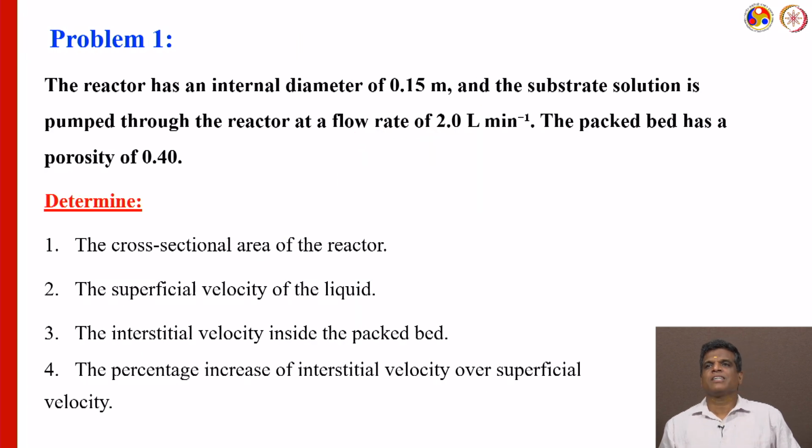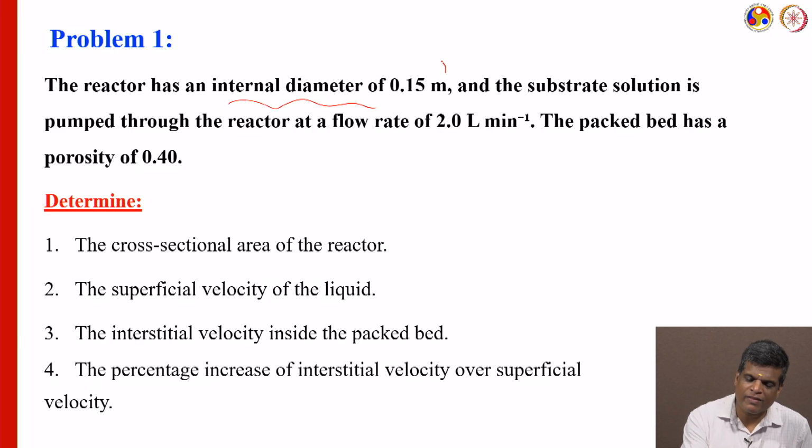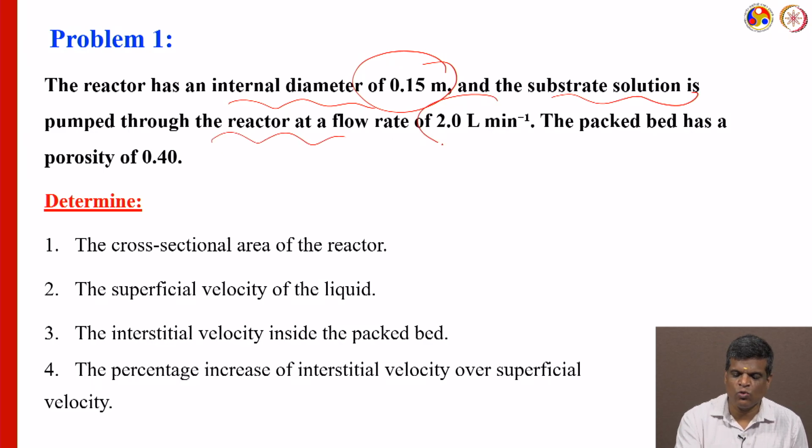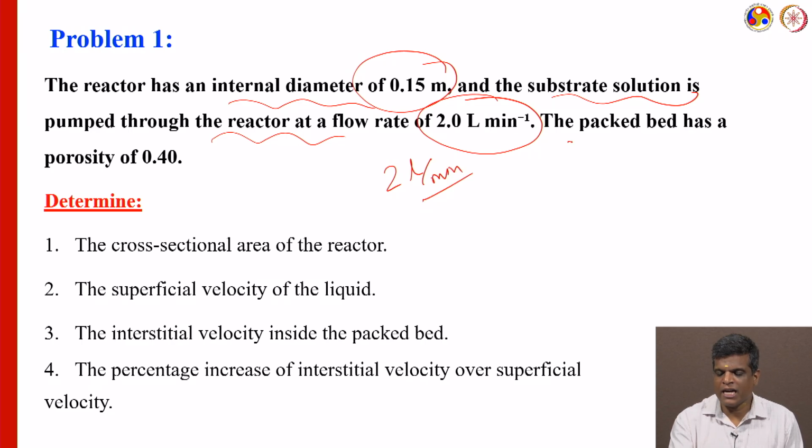Problem 1 we will discuss, it is a very simple problem. The reactor has an internal diameter of 0.15 meter. The substrate solution is pumped through the reactor, the flow rate is 2 liter per minute. The packed bed has a porosity epsilon value of 0.40.